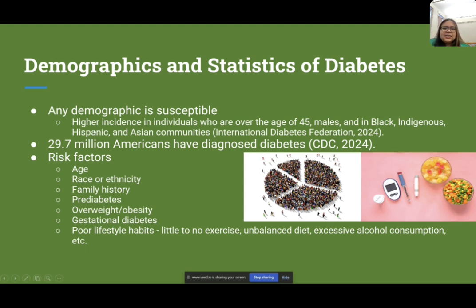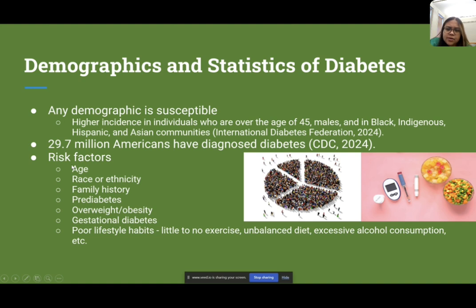However, there's a higher incidence in diabetics, particularly males and adults over the age of 45, and minorities like the Indigenous, Black, Hispanic, and Asian communities. It's a very common disease. 29.7 million Americans have diagnosed diabetes as of 2024 per the CDC.